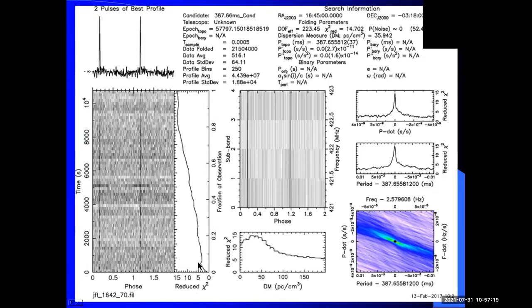On the right-hand side of this, we see another plot which is labelled reduced chi-squared. Now, this is a power statistic that's used very heavily in Presto, and I'll explain it a bit more later. But actually what it's doing is it's integrating the power over this waterfall, and what you expect to see is a rising curve here.